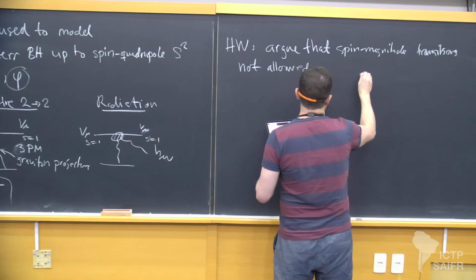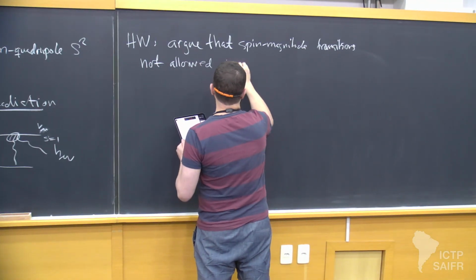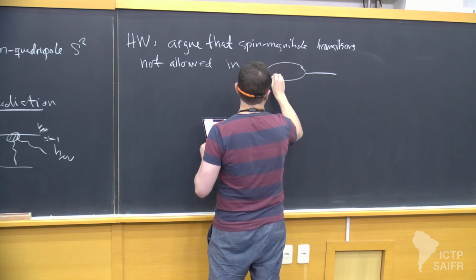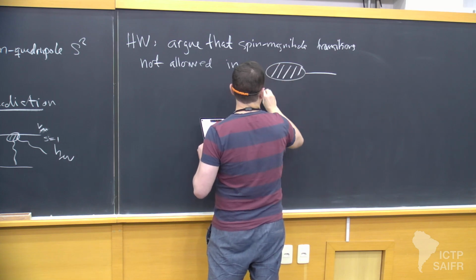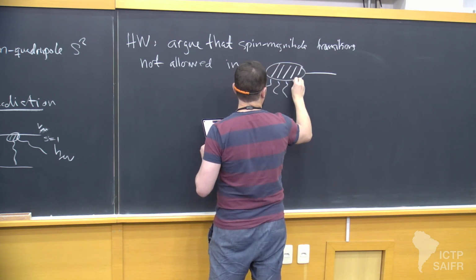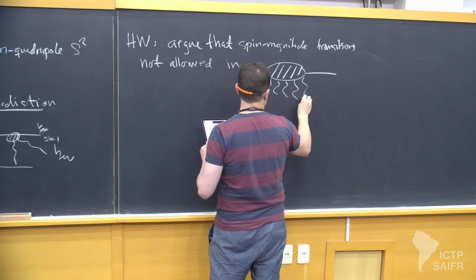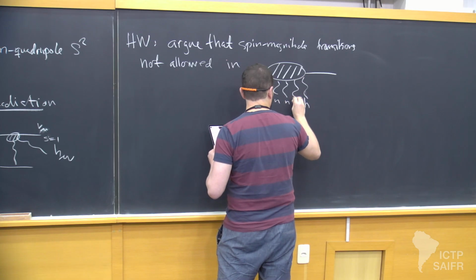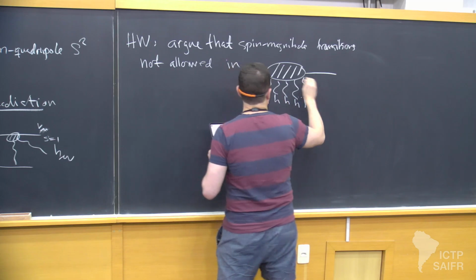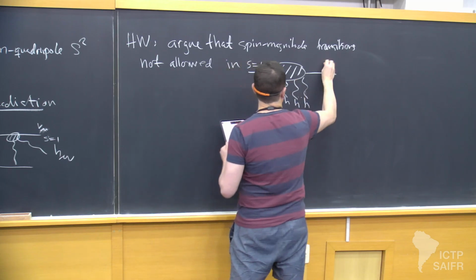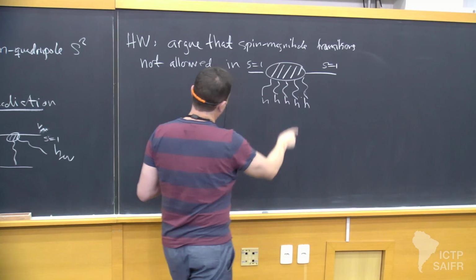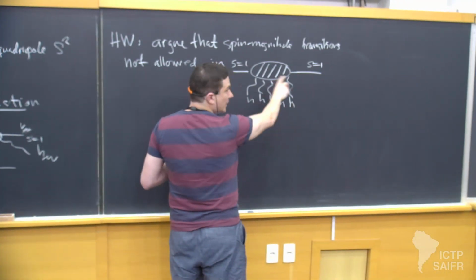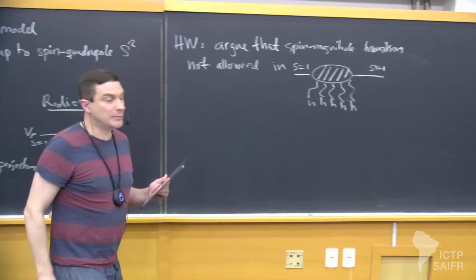And maybe to be very specific, let me talk about the specific amplitude. So this guy where you have a bunch of H, sorry, my H looks like N. And here you have S equals 1, S equals 1. So given that I fix my external states to be spin 1 gravitons, I'm never going to have a scalar in the middle.